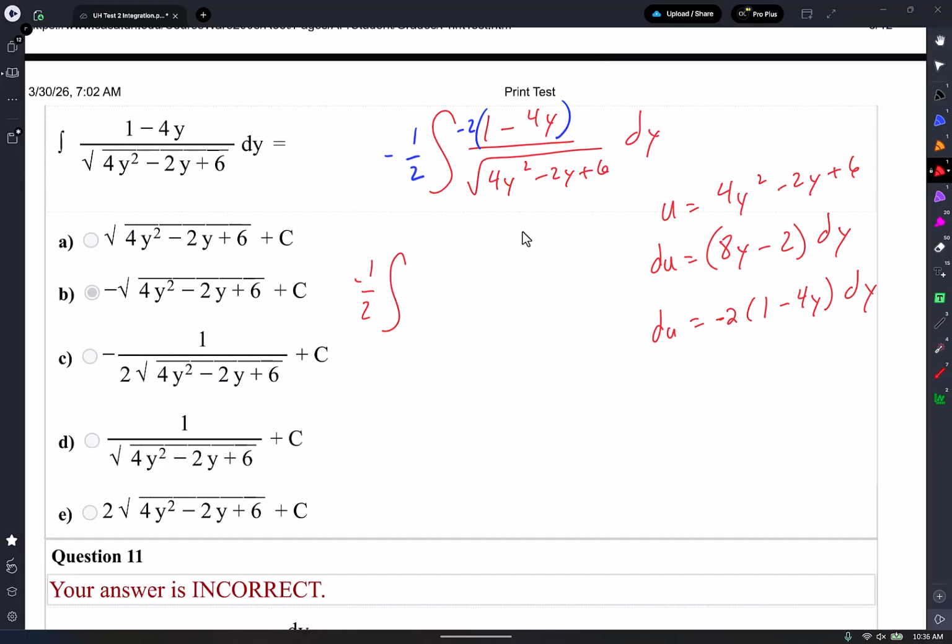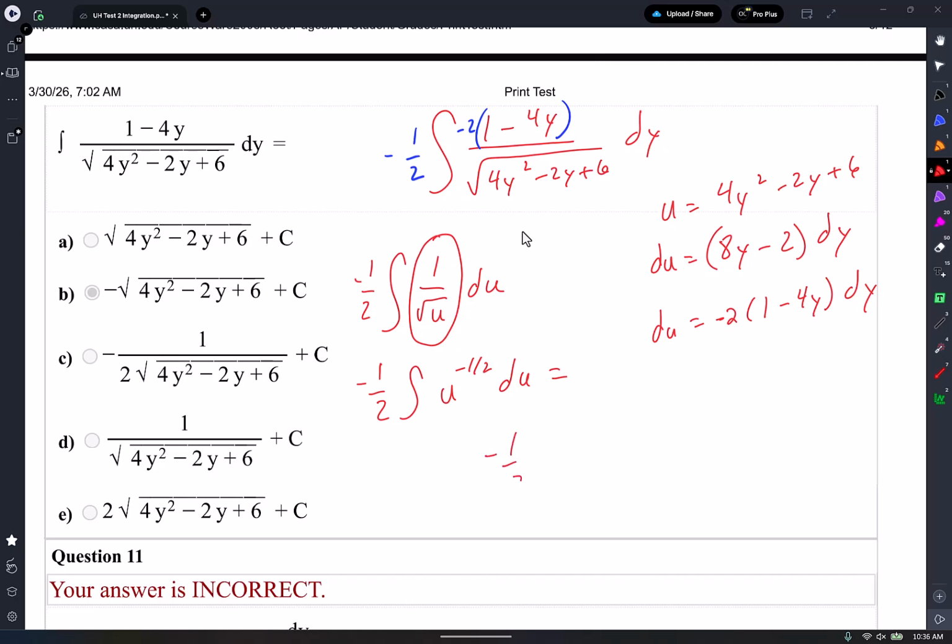Integral 1 over square root of u du. I'm bringing this up. This is not an ln. I haven't done the antiderivative yet. U to the -1/2 du. And now I do what you told me, Houston. Add 1, divide by that number.